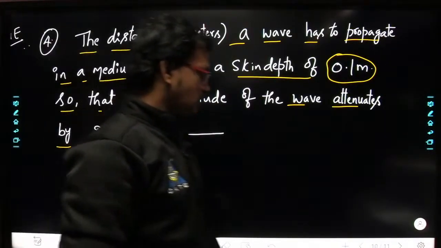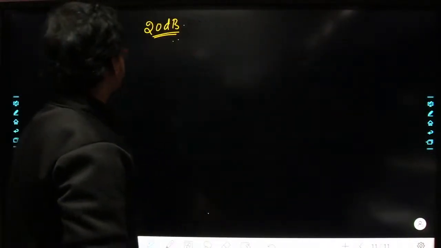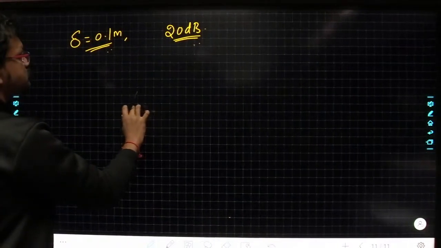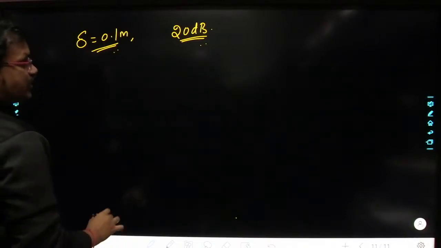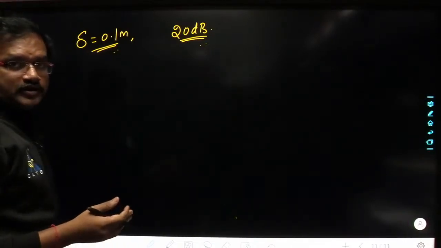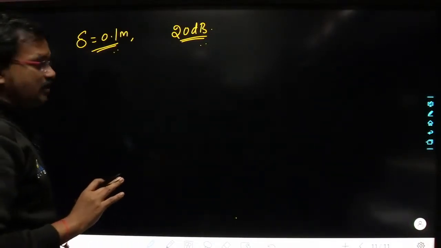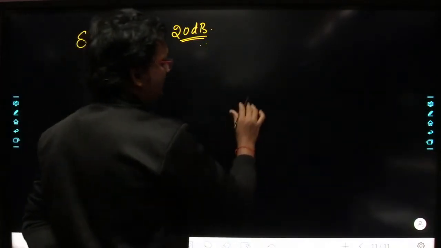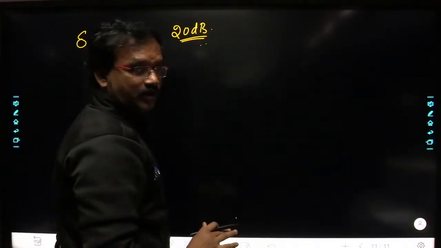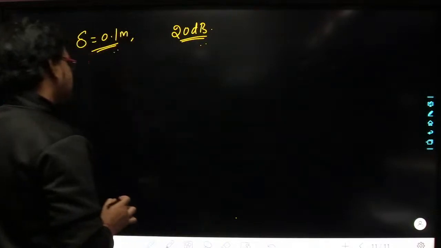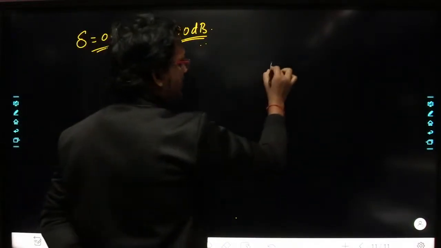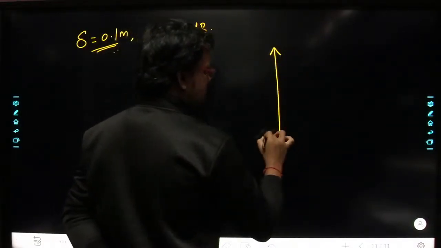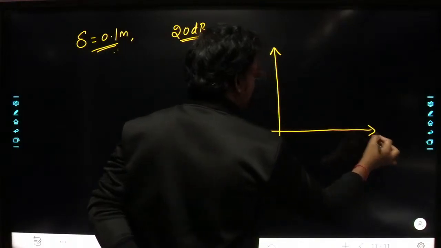Now see here. They are saying that the amplitude of the wave attenuates by 20 dB, right? Now we know that whenever the wave is propagating in a lossy medium, its amplitude is represented by E naught into e power minus alpha z. Let us say it is propagating in the z direction.